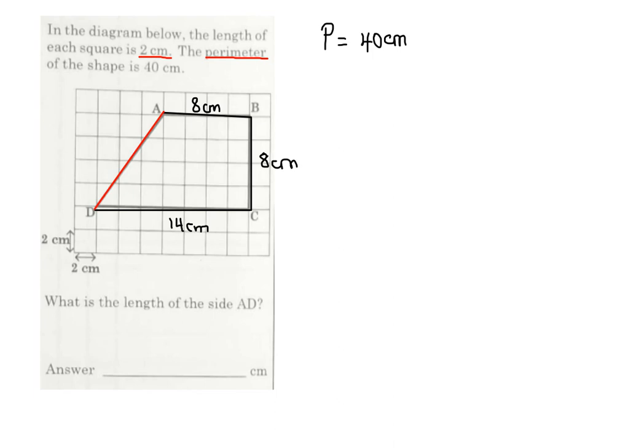Multiply. Why do you want to multiply? What's perimeter? What if I tell you the perimeter of the shape? When I say perimeter, what do you understand by the word perimeter?